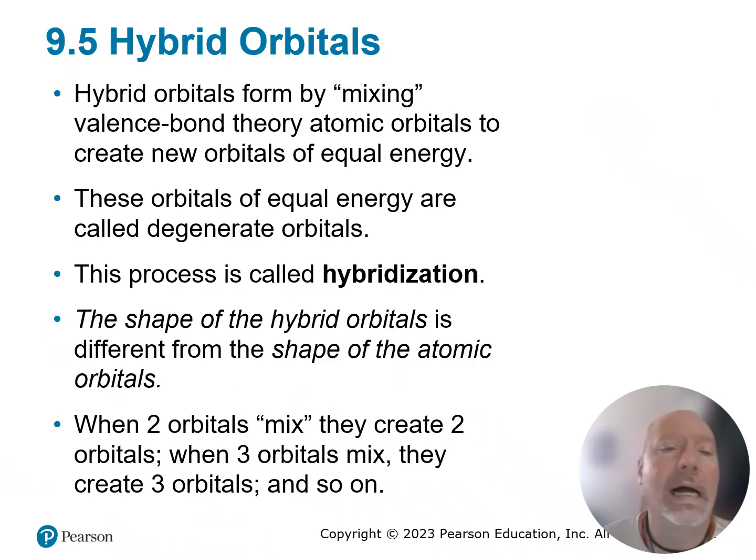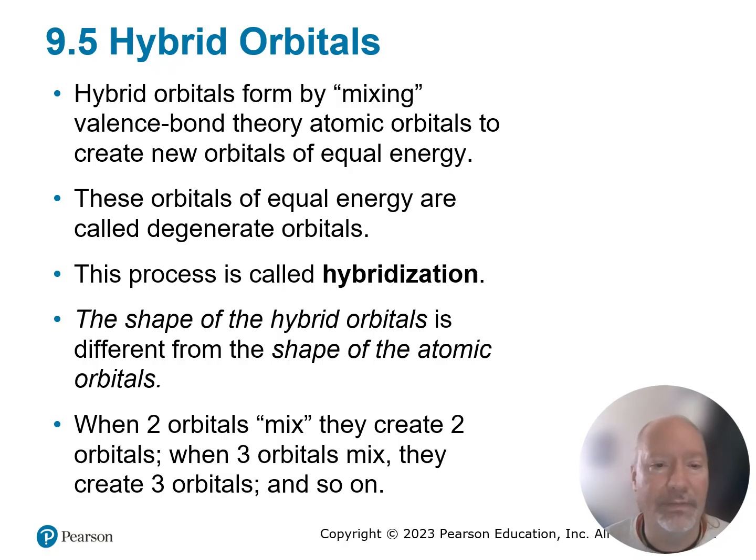Hybrid orbitals are a mixing of these valence bond orbitals, these atomic orbitals we've already talked about, like S and P and D and F. We're mainly going to be concerned about S and P. We're not going to go into the D and F too in depth here at all. S and P in these hybrid orbitals that overlap with each other.